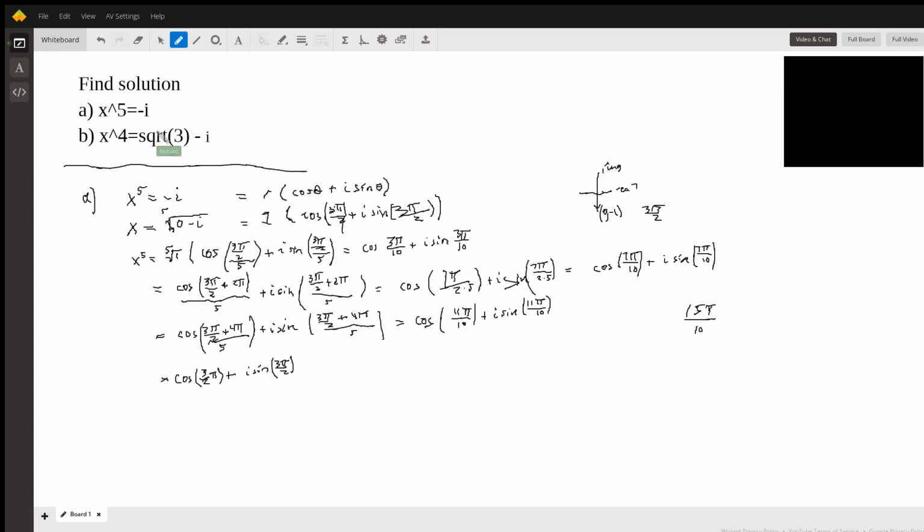There are going to be 3 answers to this one. And I'm just going to set you up for this rather than ask you to sit through it all. The x to the 4th here is equal to the square root of 3 minus I. So you want to be thinking about square root of 3, and then negative 1.